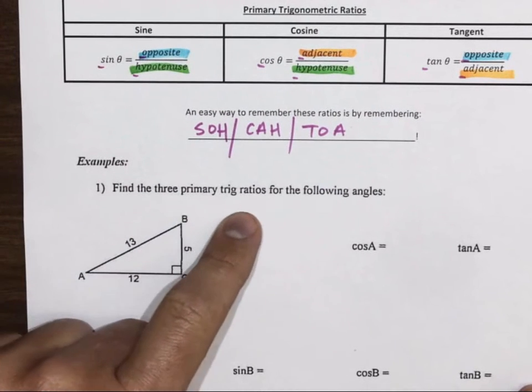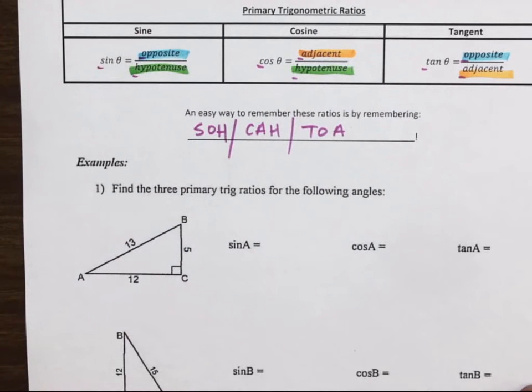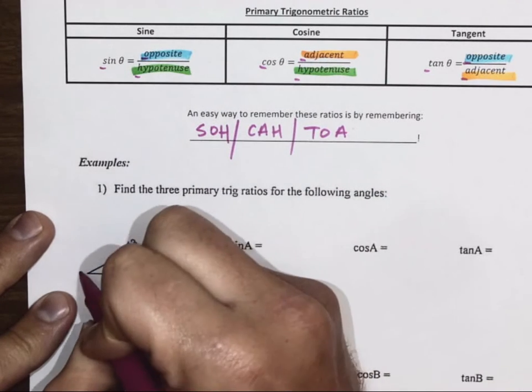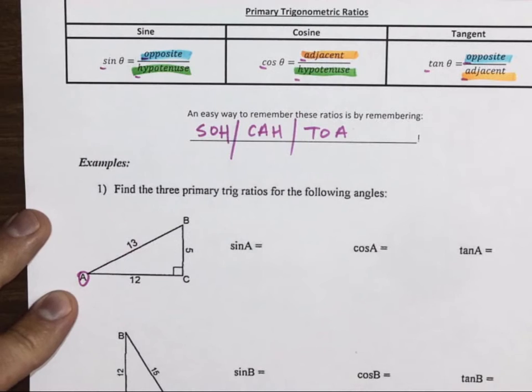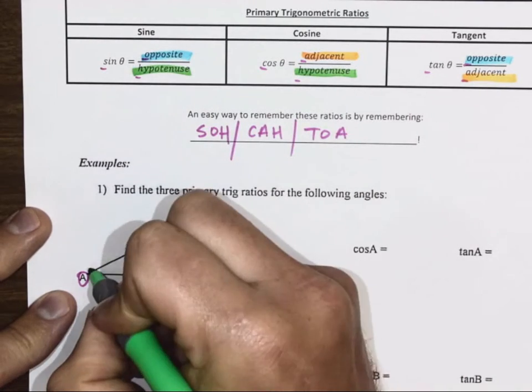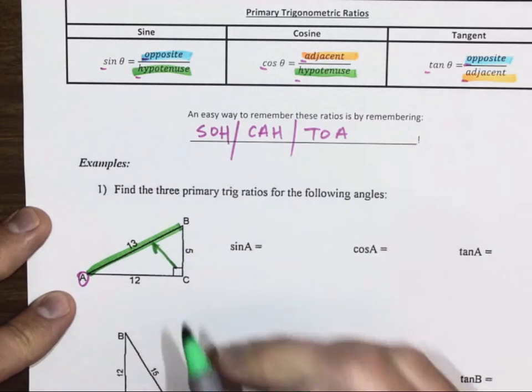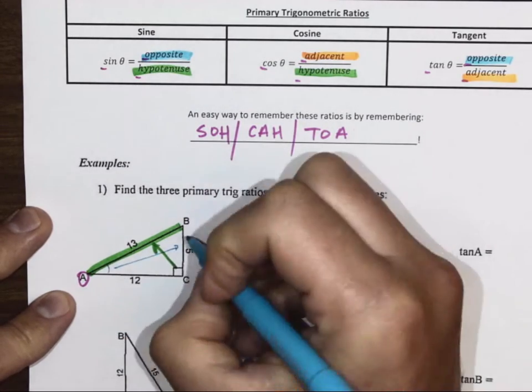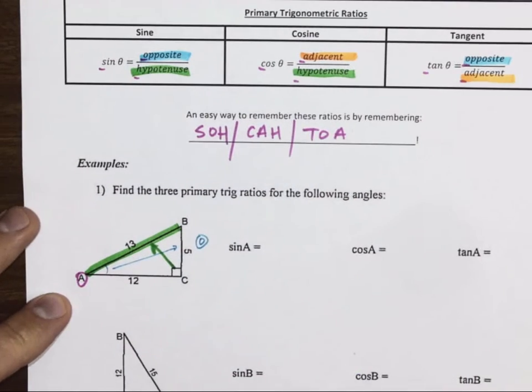So, our examples. Find the three primary trig ratios for the following angles. Sine of A. Well, if I'm looking at corner A, then here's my 90, so there is my hypotenuse. On the other side from this angle I'm looking at is my opposite.